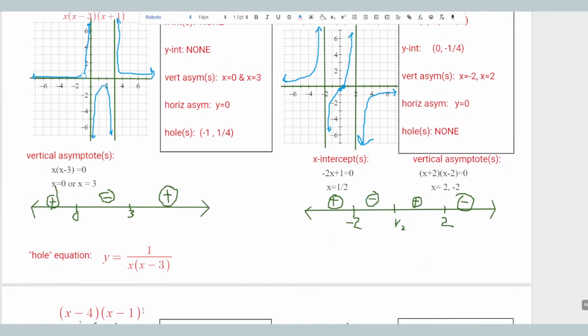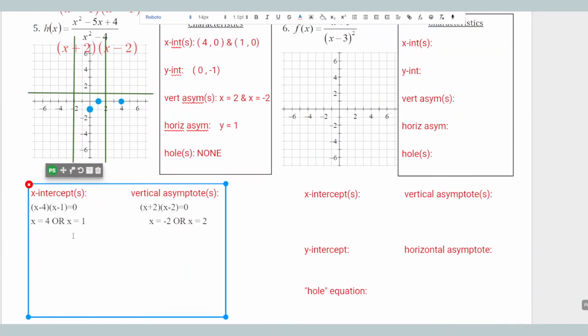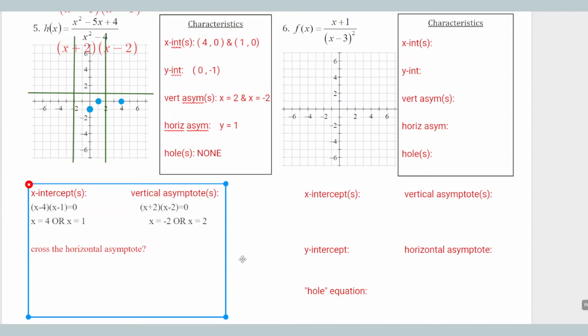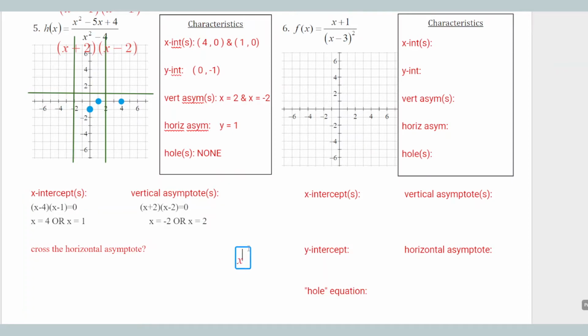So what I need to do is set my equation equal to 1 and find out whether or not that happens. So I want to set x squared minus 5x plus 4 divided by x squared minus 4. I'm going to set that equal to 1 to see if this ever happens.